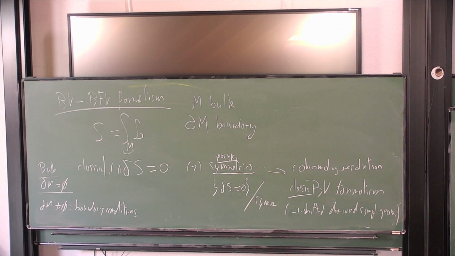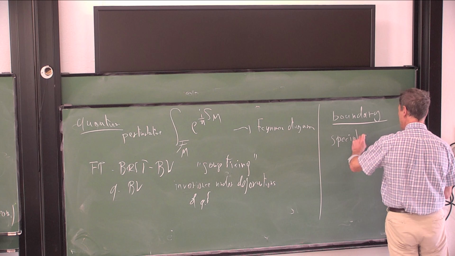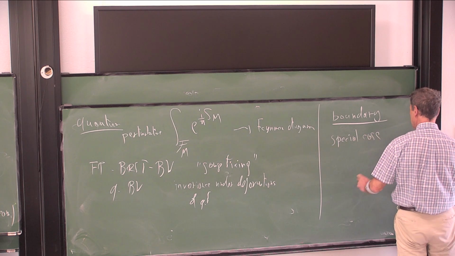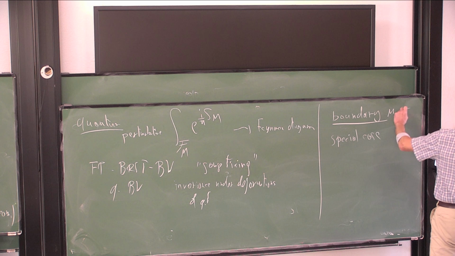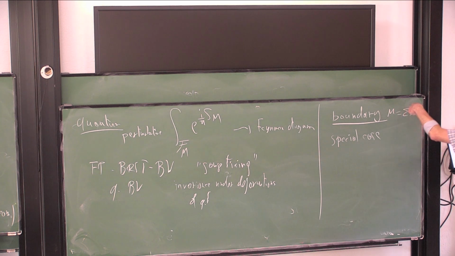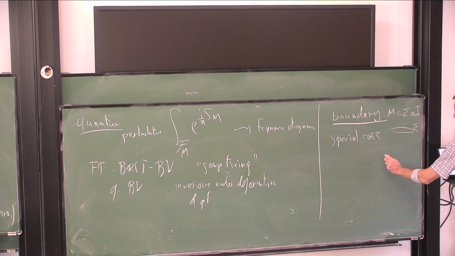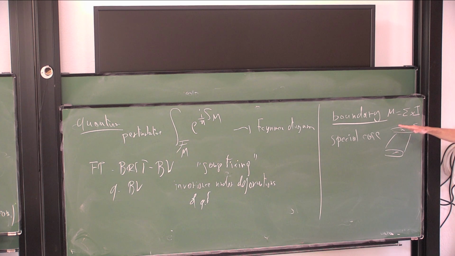Okay. So here, one idea is to look for a special case. You take your manifold to be of the form of a manifold of dimension lower by 1 times an interval. Actually, locally, near every boundary component, your manifold looks like this.